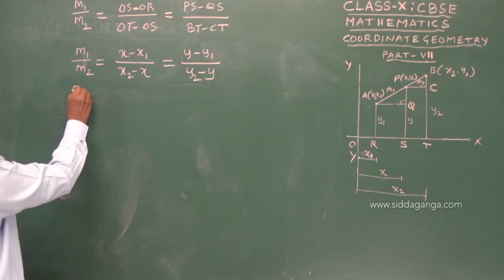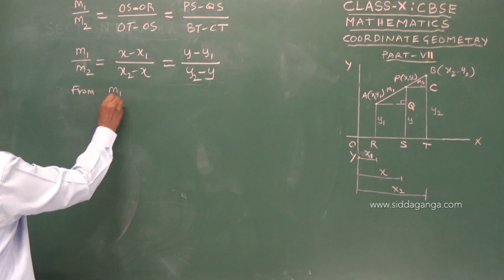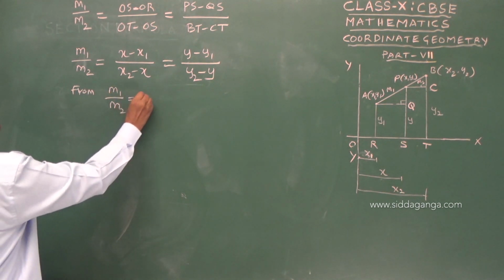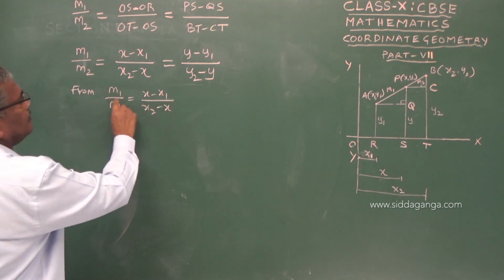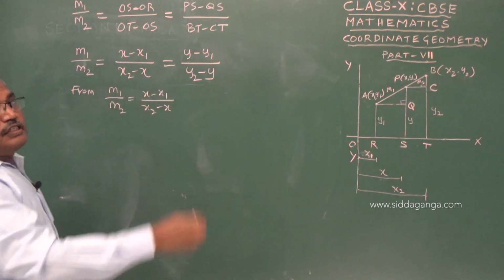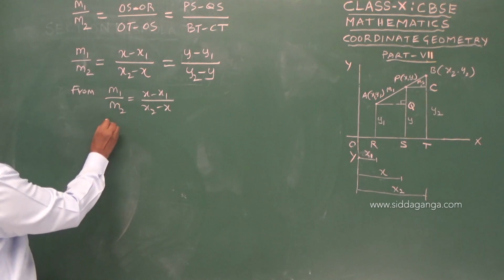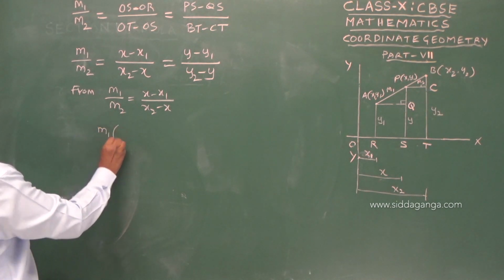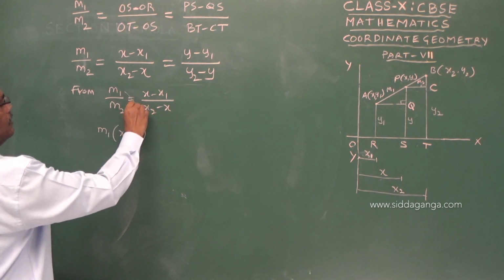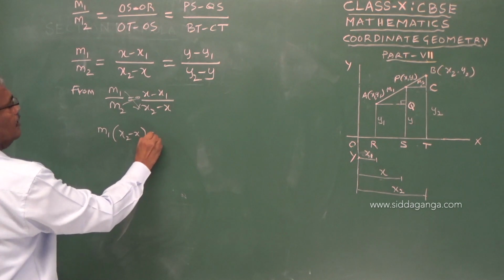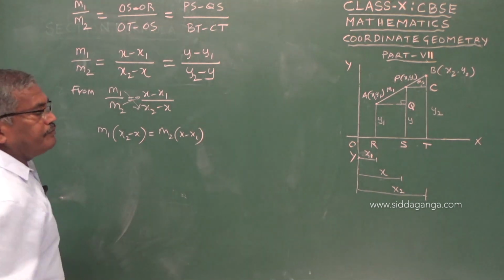From the first two, M1 by M2 equals x minus x1 divided by x2 minus x. So I have taken up only the first and the second. From these two you cross multiply: M1 into x2 minus x equals M2 into x minus x1.